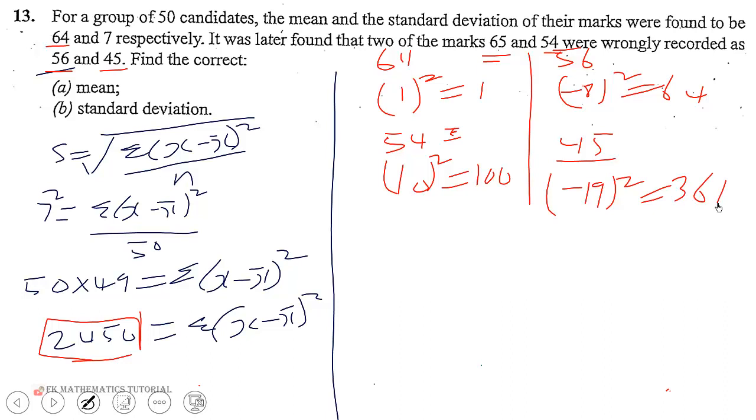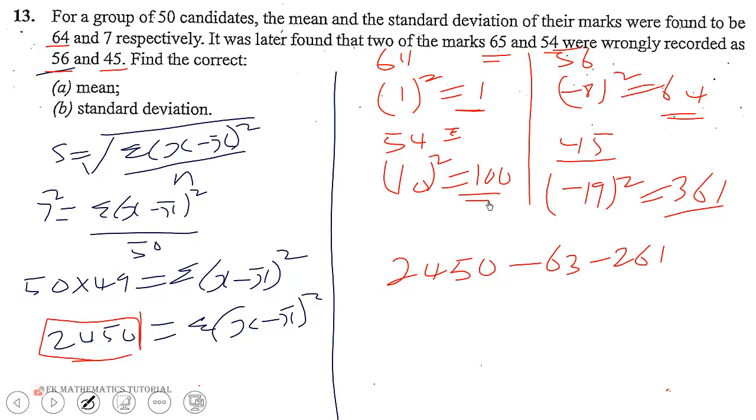So instead of adding 1, you added 64. So you have to take it back. 2450 minus 63 because you inflated it by 63. Instead of adding 100, you added 361. So you have to reduce it by 261 because you inflated 100 by 261.